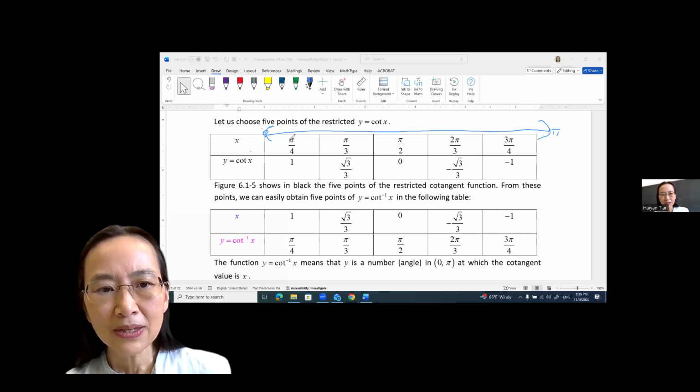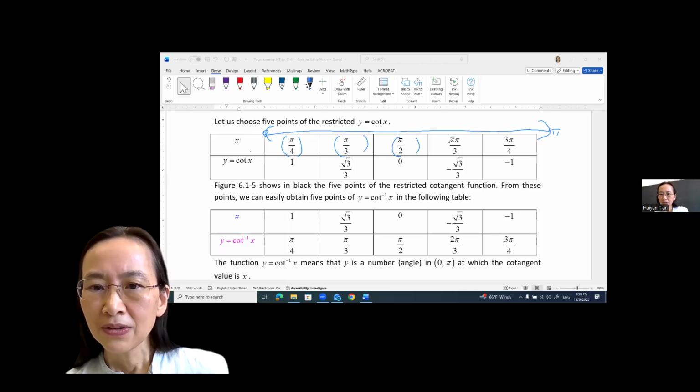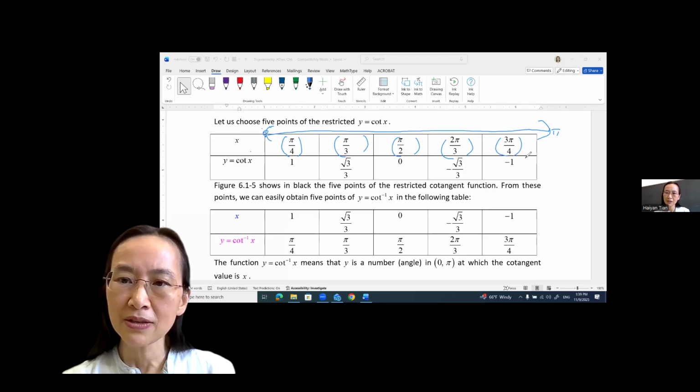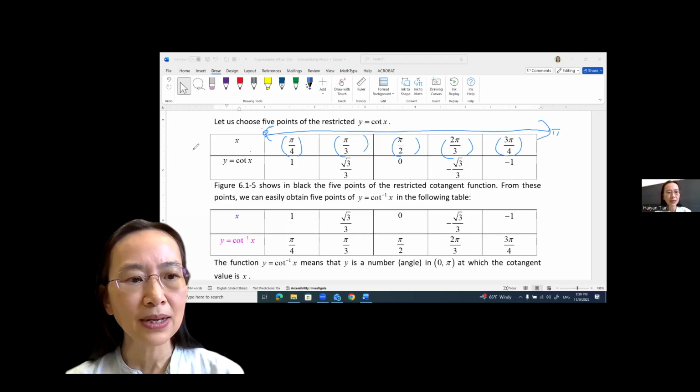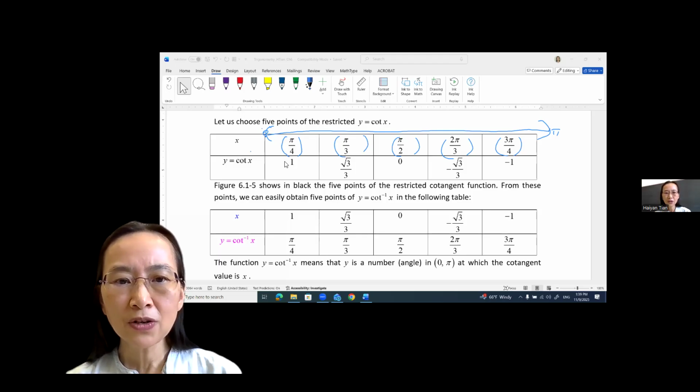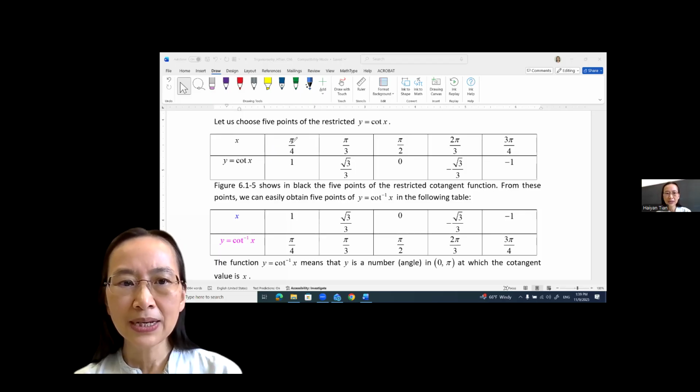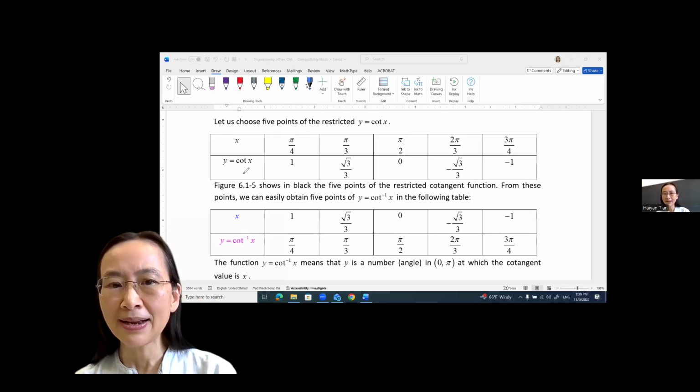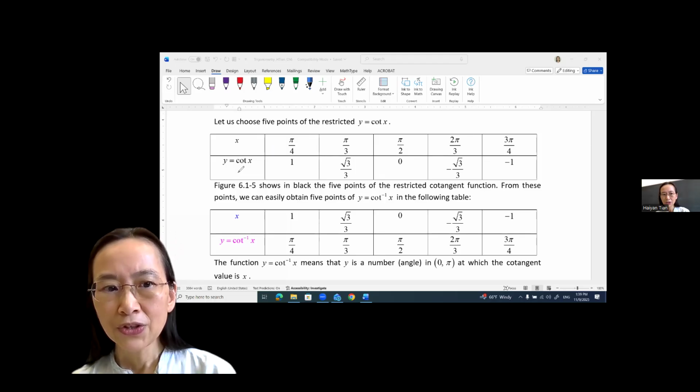We pick points from different x values that are in this range. They're all special values because at each x, we can find the exact cotangent value.